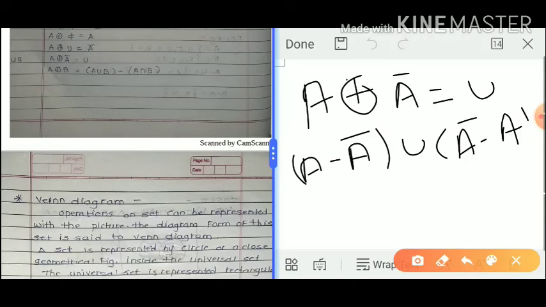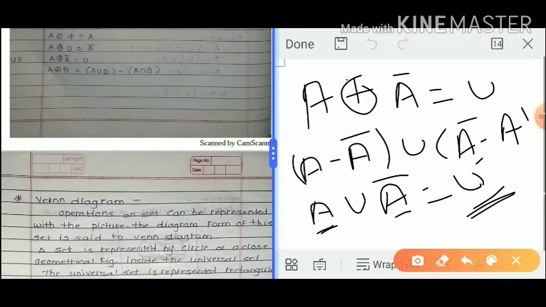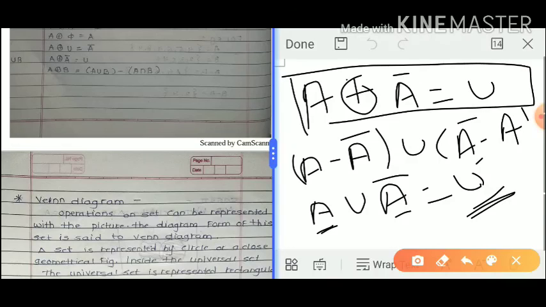So this is the A set, union all the elements of A complement not in A, totally different elements that A complement contains, so here A complement. And the union A union A complement is always U, because A complement contains all the elements of U but not in A, and the A set contains all the elements of A, so that means this is the universal set. So A symmetric difference A complement is always the universal set.